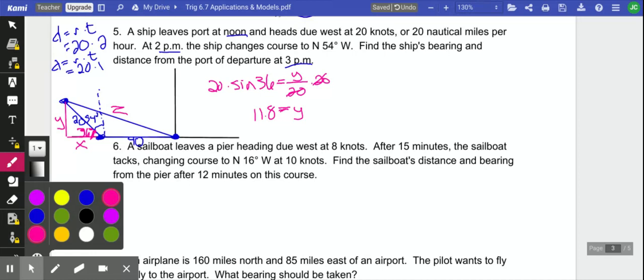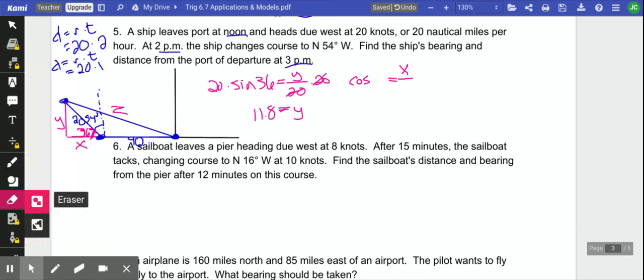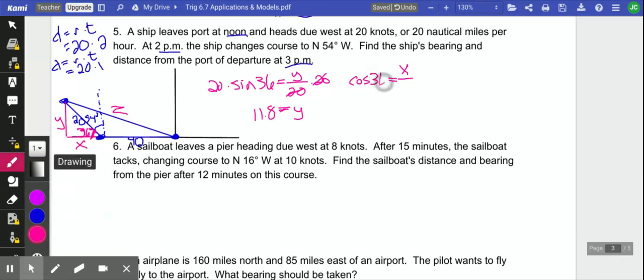All right, so I can also find x a really similar way. I know that the cosine of 36 is going to be the adjacent over the hypotenuse. So we'll multiply both sides by 20, and x is 16.8. No, 16.2, sorry.